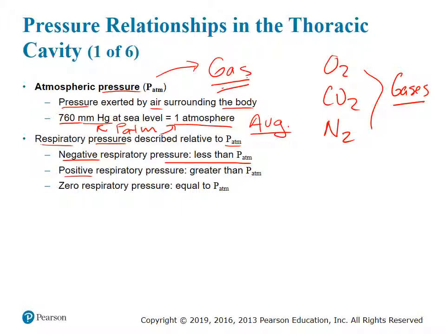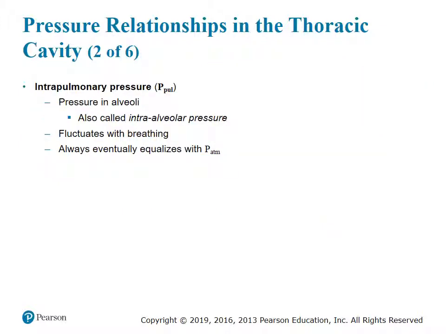Positive pressure is greater than atmospheric pressure. And zero pressure means we're equal to the pressure of the atmosphere. So: greater than, less than, or equal to. Again, we are describing it relative to atmospheric pressure.